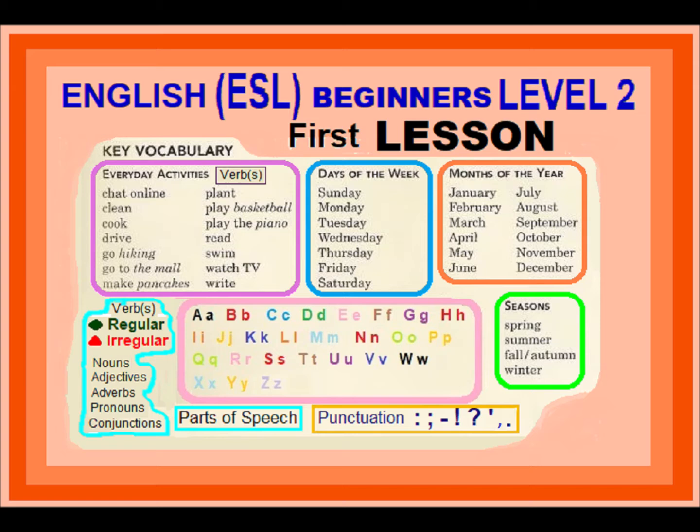And then we have here key vocabulary, and in key vocabulary there will be everyday activities. Under these verbs, which are in the purple frame in the extreme left upper corner, I specifically, on purpose, did not mark them regular or irregular, because you will show them to students and you will know.